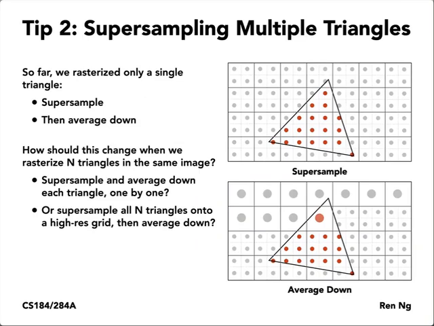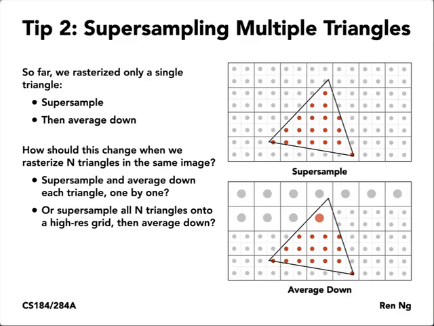The question is, how should we extend rasterizing one single triangle, where we super sample the grid and then average down, when we rasterize n triangles into the exact same frame buffer? One approach might be to super sample and average down each triangle one by one.